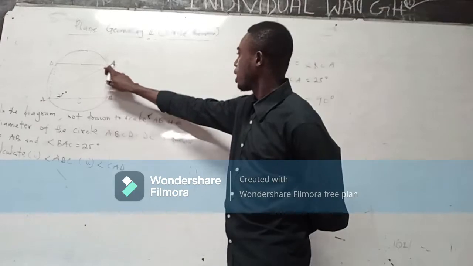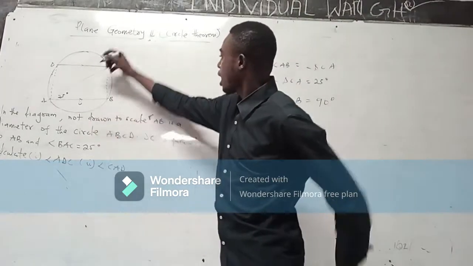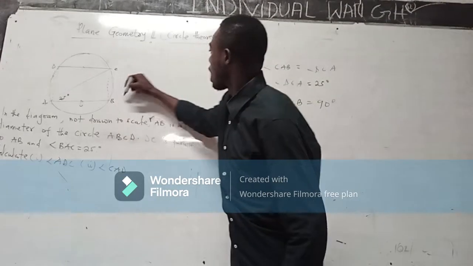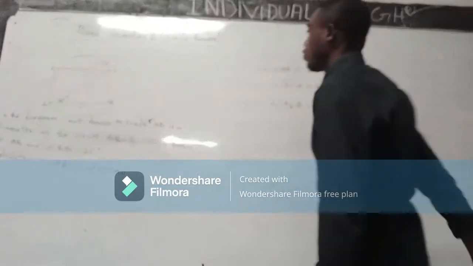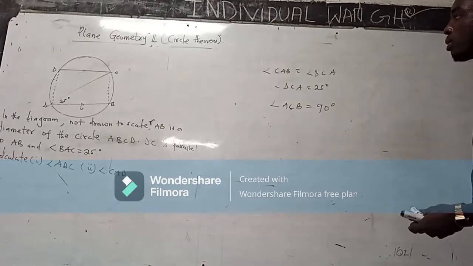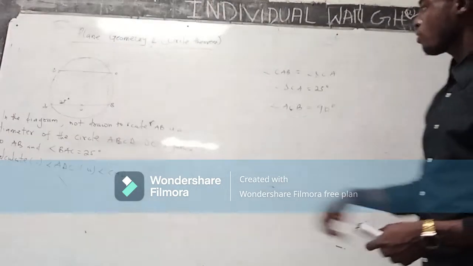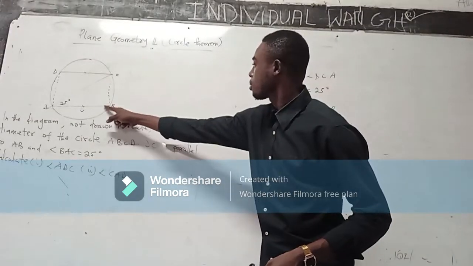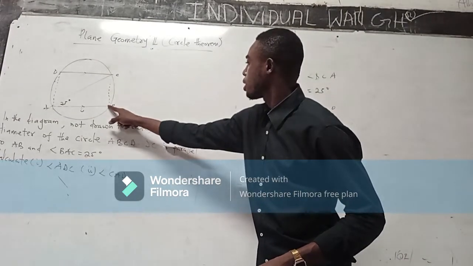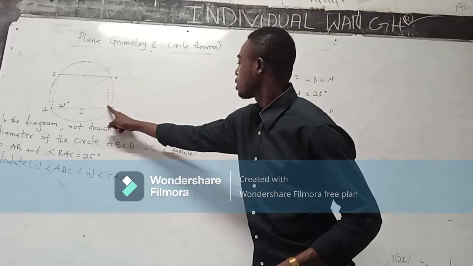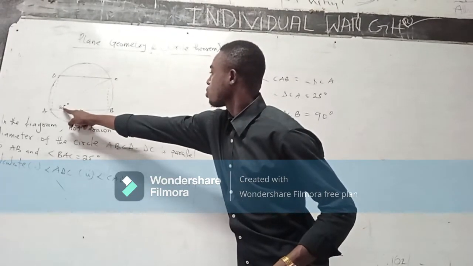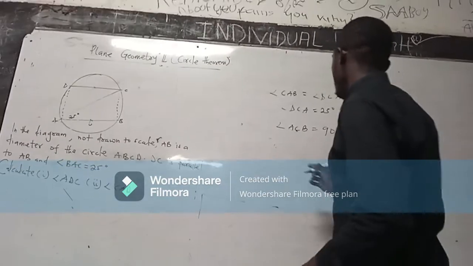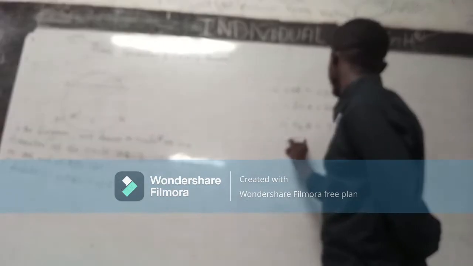Because of the rule that we learned that when an angle is formed with a chord or with a diameter, that angle at the circumference of a circle is 90. So if we have here to be 90, and you want to find this place, you have to add 25 plus 90 plus any value, and you sum up to 180.